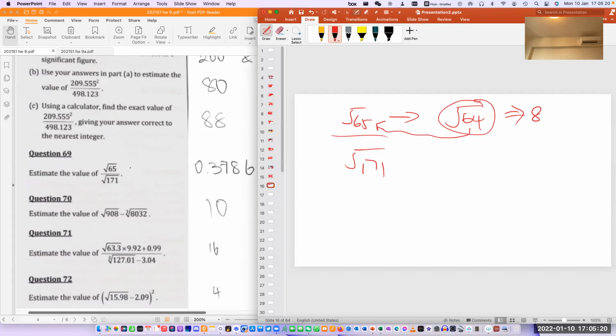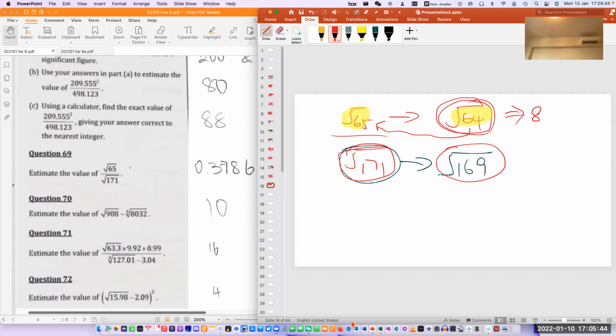So you estimate this using this, then you get 8. Then the next one is this. My guess is 13 times 13 is 169. So you estimate this square root 171 as square root 169.